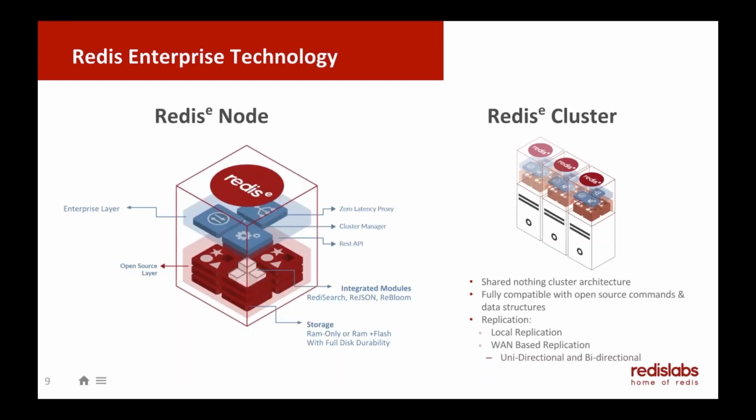Just a quick overview of the architecture. Redis Enterprise comes as a distributed scale-out cluster. Within the Redis Enterprise nodes, we host a layer for the governance of the cluster. This is signified as the enterprise layer that you see in blue on the left-hand side of the picture.